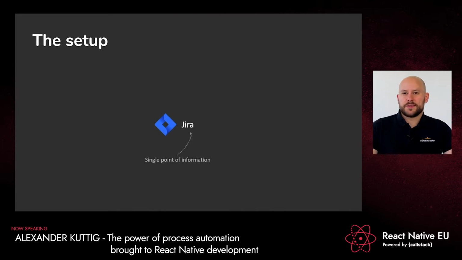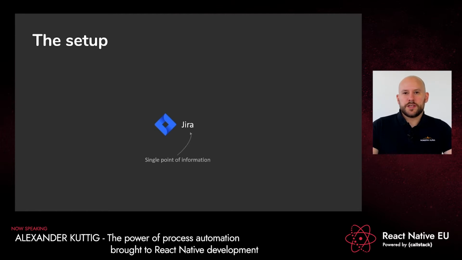It also has its own app, the Jira app. So the thing of the single point of information is when an issue is assigned to a developer, he has to be notified, and you have to have the guarantee that he reads this notification. So it's really cool to know that everyone can integrate it into his or her workflow as he or she likes.